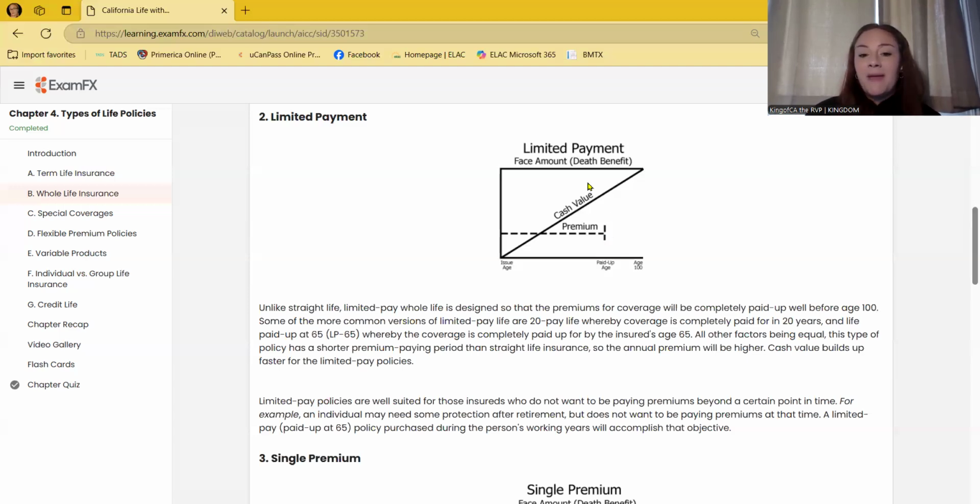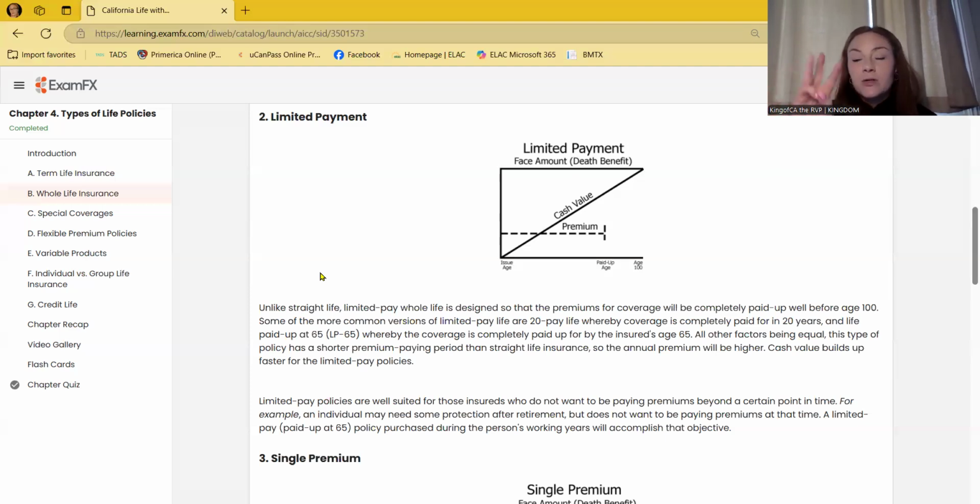That's called limited payment, or life paid up at 65, or 20 pay life. There's a lot of different names for it. Those are the three names: limited pay, 20 pay life, and life paid up at 65. They're all telling you that you're only going to pay for a certain amount of time.